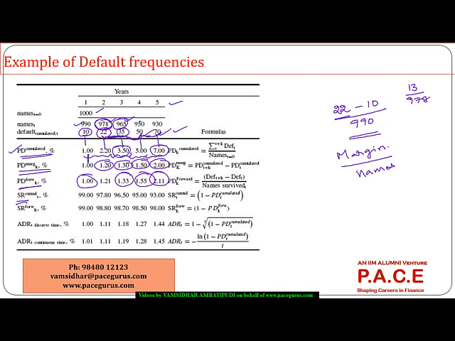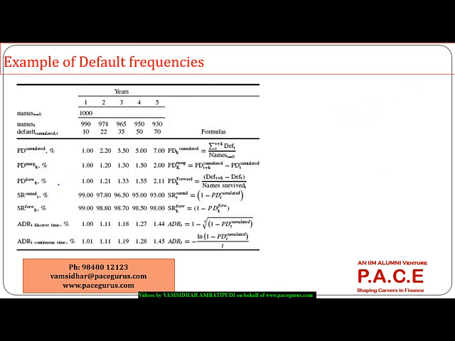Then I am talking about the cumulative survival rate. Cumulative survival rate is nothing but 1 minus the cumulative probability of default. So 1 minus 1% is 99%, 97.8%, 96.5%, 95% and 93%.